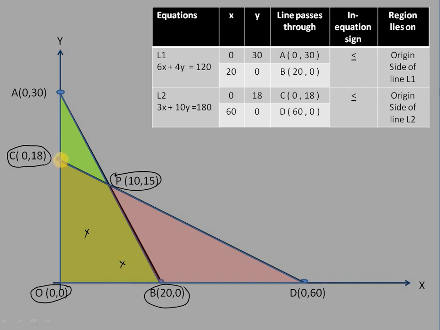Your profit has to be maximum at corner points. Your profit will never be maximum at an interior point. It will be maximum at either this point, or this, or this, or this. So we will calculate the profit at these four places, and then whichever comes maximum is our profit.